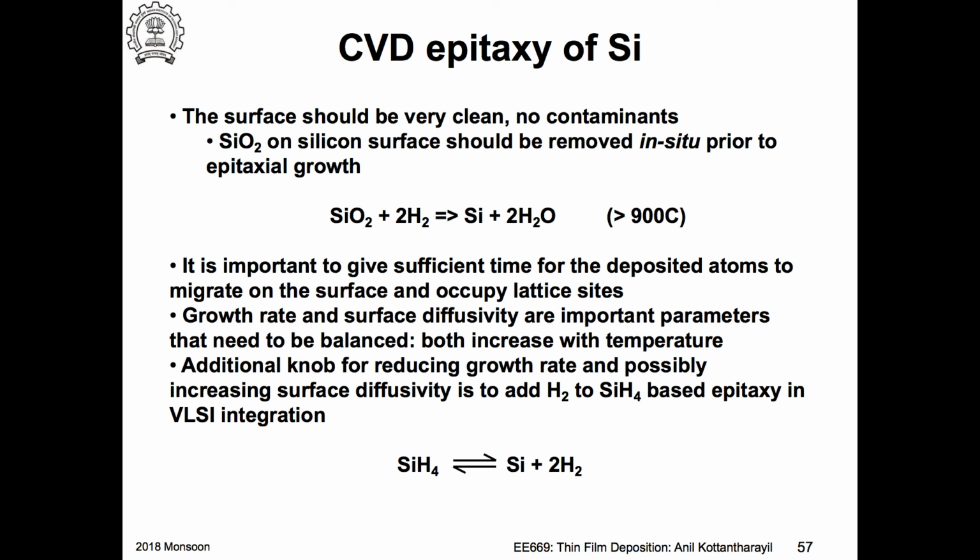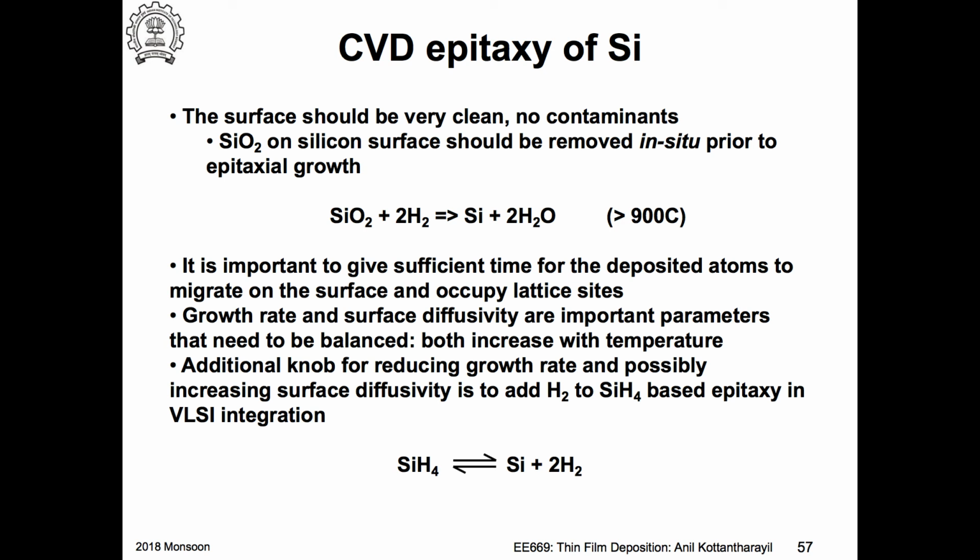The other thing that people have seen is that if you are trying to grow silicon on silicon using silane, one method that people have found to increase the mobility of the deposited atoms on the surface is to add more hydrogen.